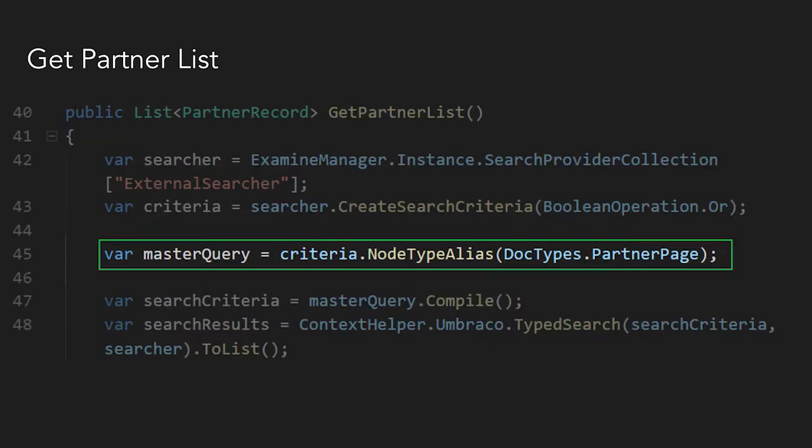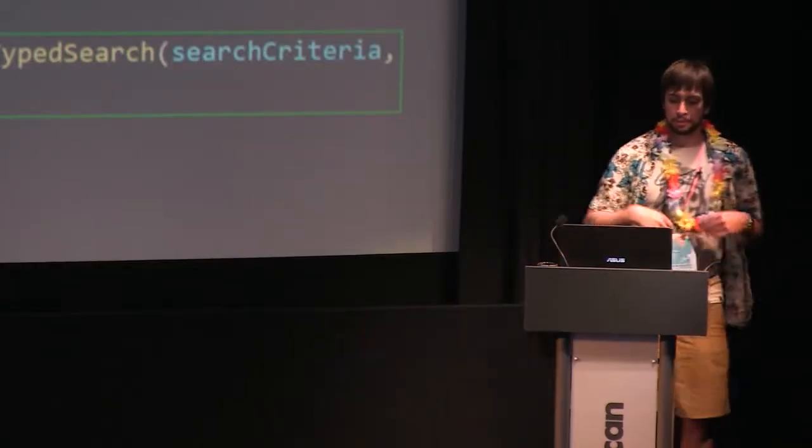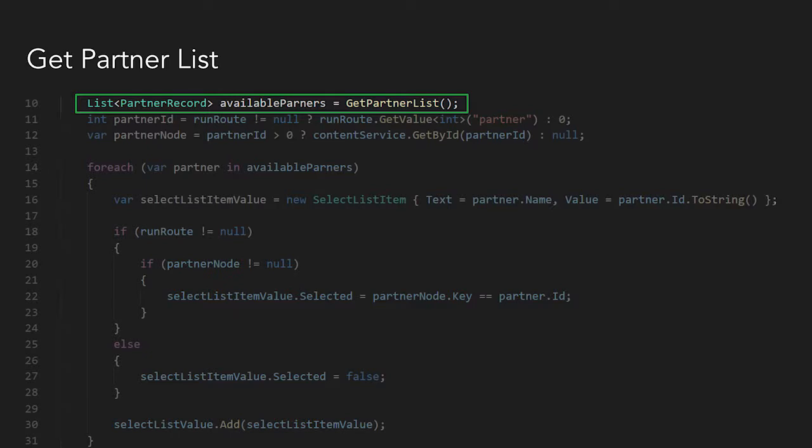Then we're going to use Examine, and I'm not going to go into all the details of how Examine works, but just know that we're looking for every single partner page doc type. And once we have that, we're just going to return a list, get the information we need, such as the ID of it, the name of it. We're going to put that into a little model so we can create a drop-down list. So we've got all our partners.